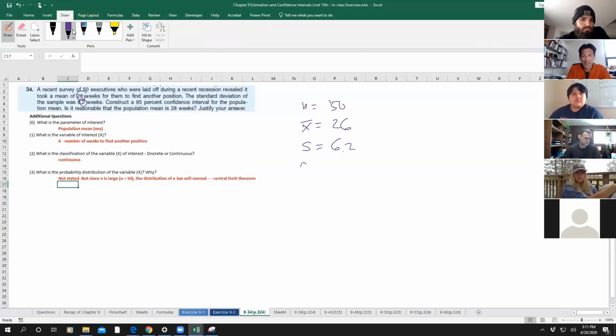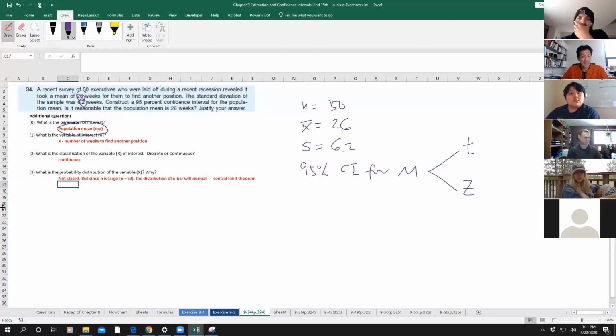All right. And we want to find the 95% confidence interval for, as we said, we're trying to estimate mu, the mean. Now, as far as this is concerned, are we going to use the Z or the T distribution? What do you think?